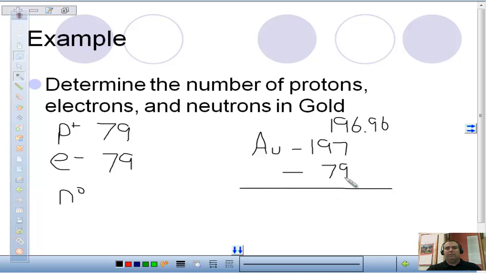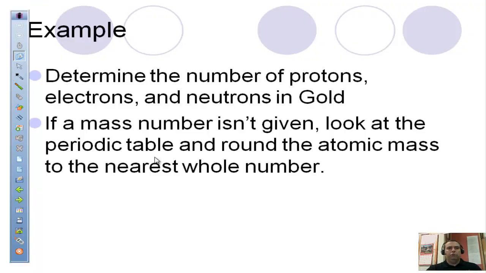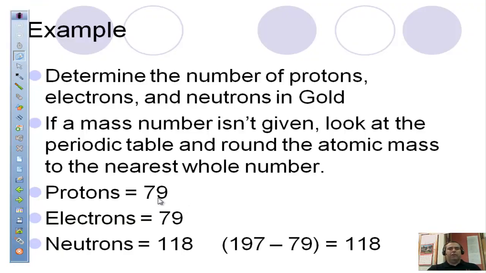When I take 197 minus 79, that will tell me the number of neutrons. So 79 protons, 79 electrons. We took that rounded whole number from the periodic table, 196.96, and subtracted away 79 to get 118. So there will be 118 neutrons.